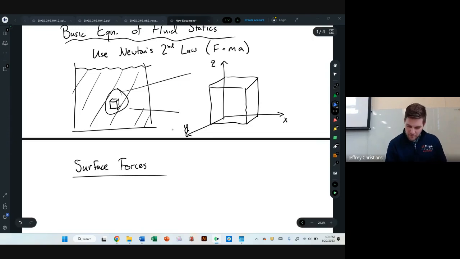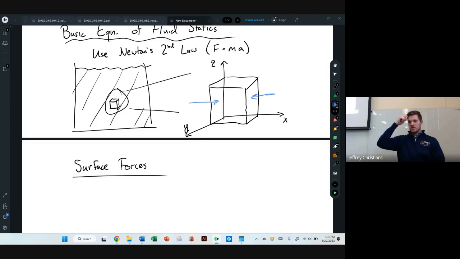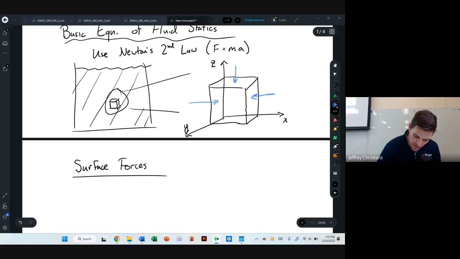Pressure is pushing on that side. We're always going to picture pressure pointed inward. So pressure is always pushing in on our fluid. So we have pressure pushing in on the top, in on the bottom, in on the front, and in on the back.